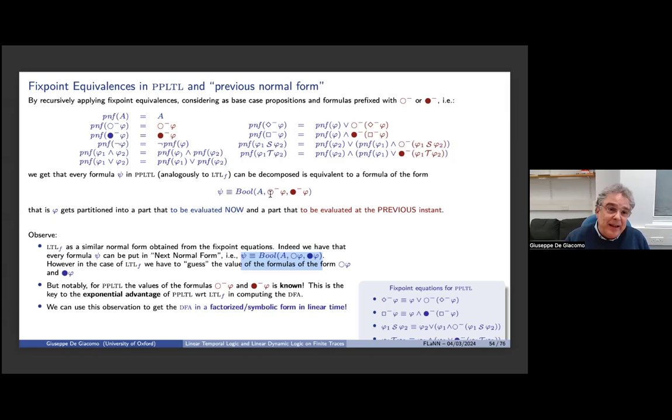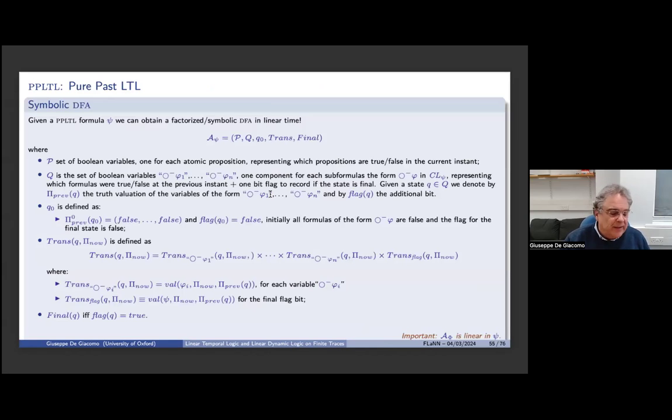You can obtain a DFA of pure past LTL in single exponential time instead of double exponential time. There is a language theoretic reason, but there is a very nice way of seeing this.